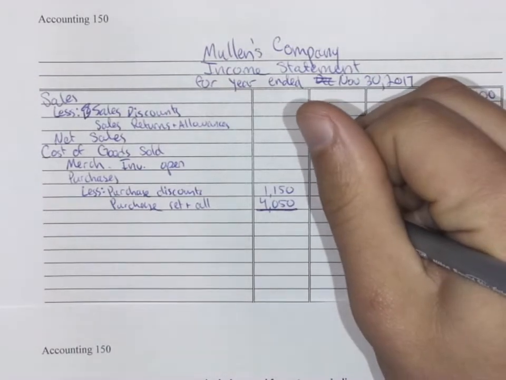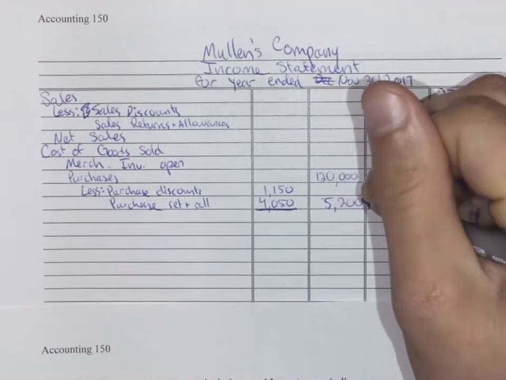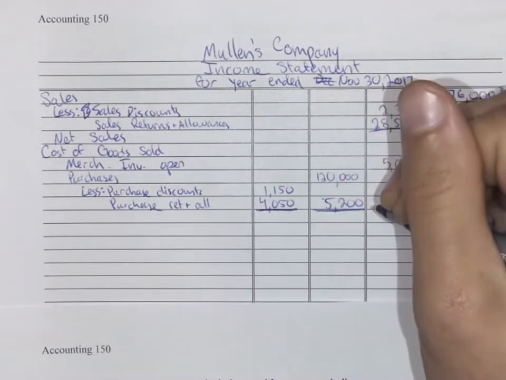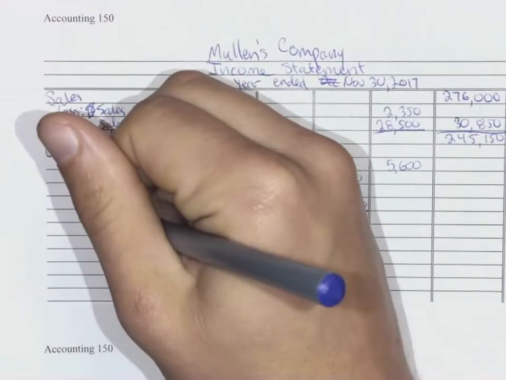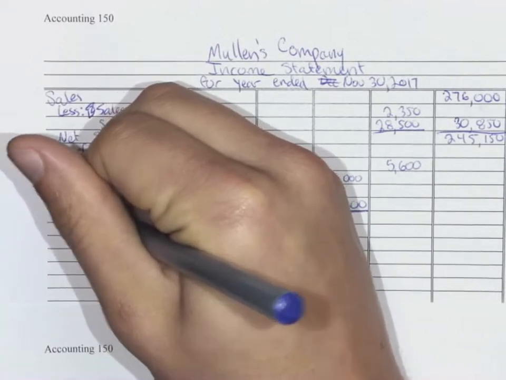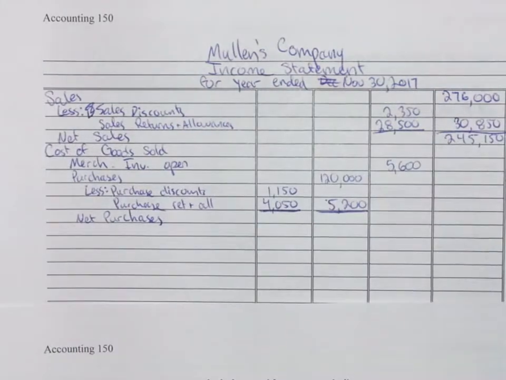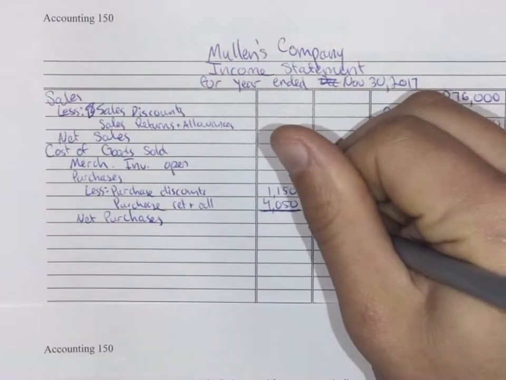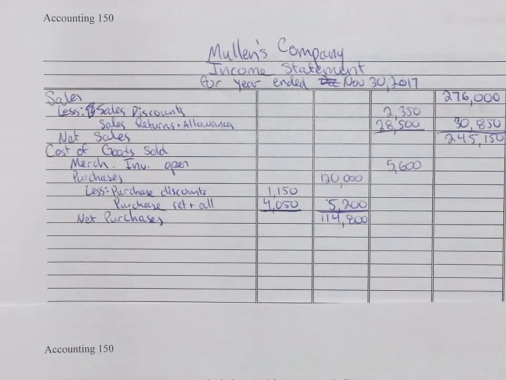So it's 5,200. And we get our net purchases of 114,800.